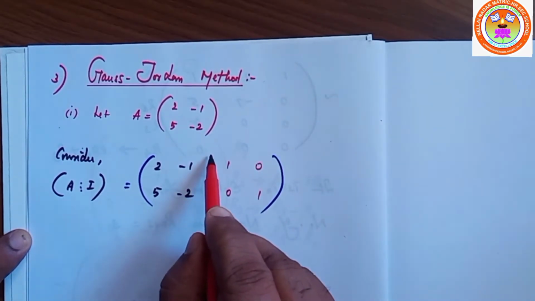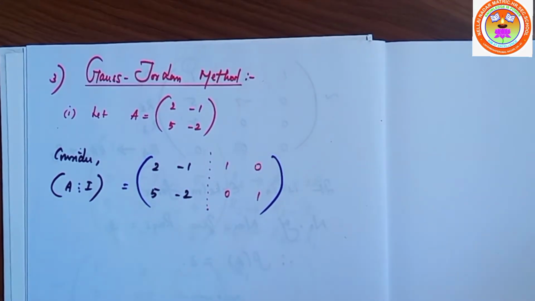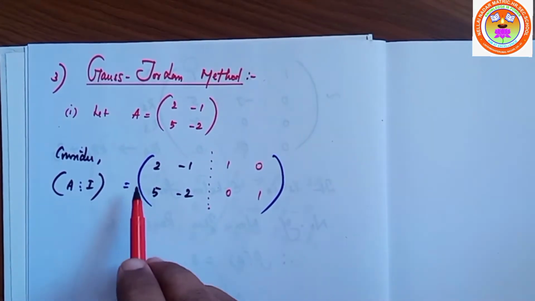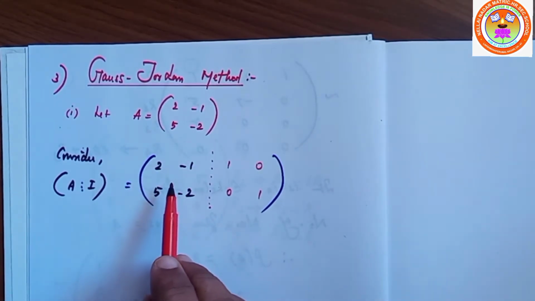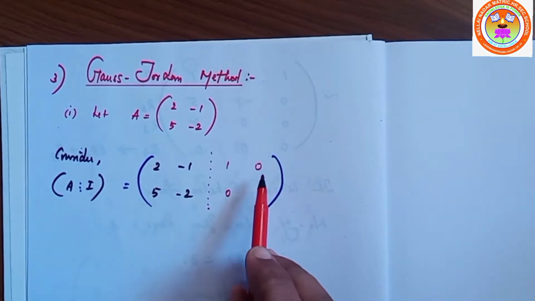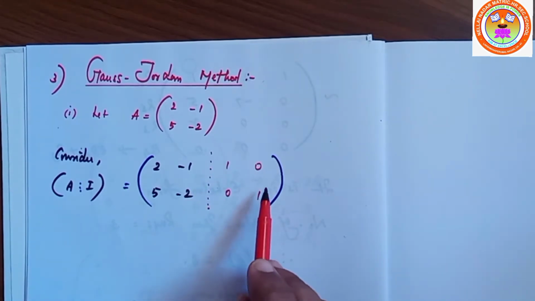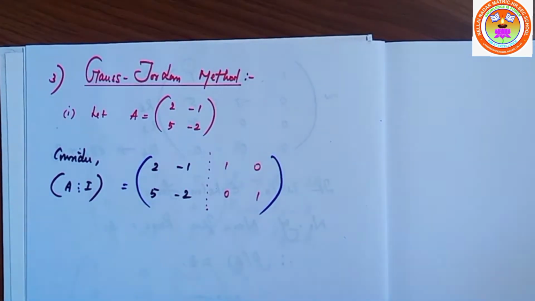Now I am going to convert this A matrix into the identity matrix by using row transformation. Automatically this identity matrix will be converted into the inverse of the given matrix.